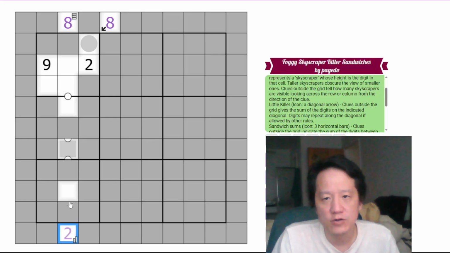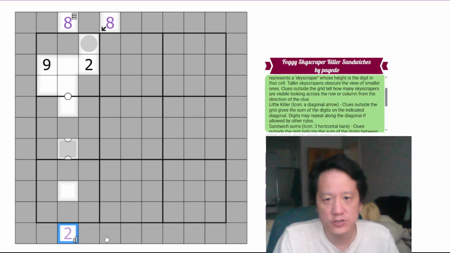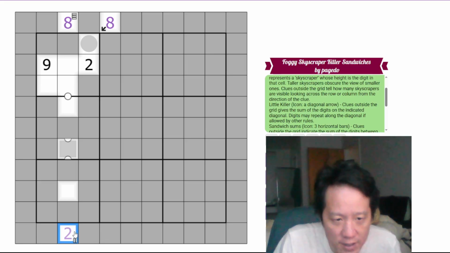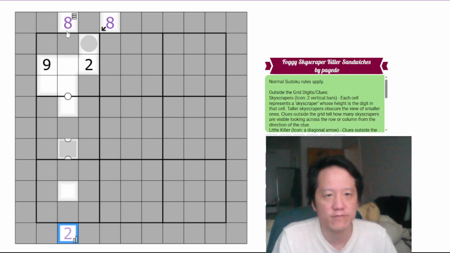Clues outside the grid tell how many skyscrapers are visible looking across the row or column from the direction of the clue. So this is a skyscraper clue here. That little index with 2 vertical bars is the skyscraper index icon.